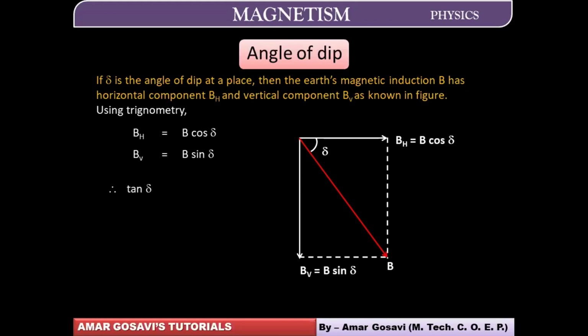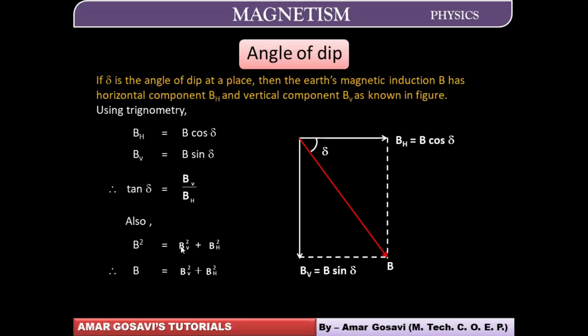Tan delta, from trigonometry, you can see this BV would be representing the opposite side, and this is the adjacent side BH. So it will be BV divided by BH. We also know if I square both the sides over here, B square cos square delta plus B square sine square delta gives me BV square plus BH square, because sine square delta plus cos square delta is a trigonometrical identity which will become 1 in this case.